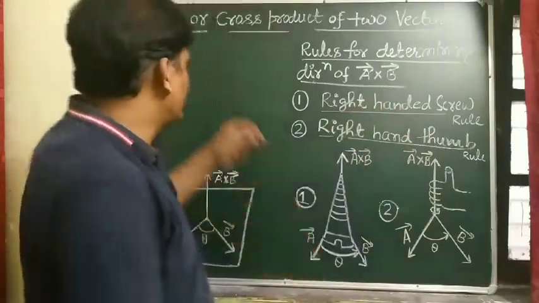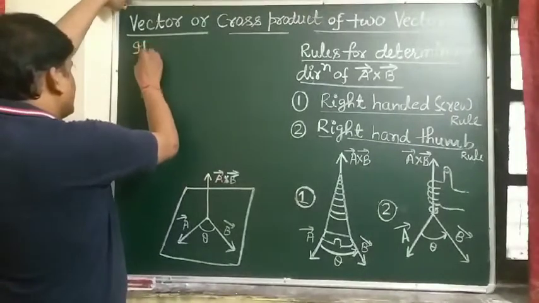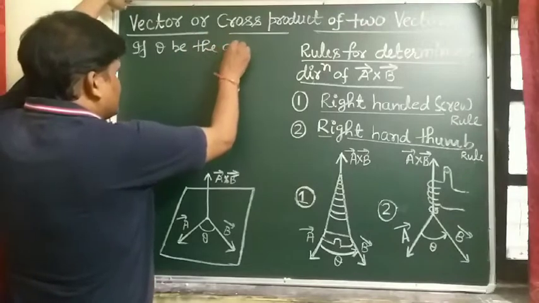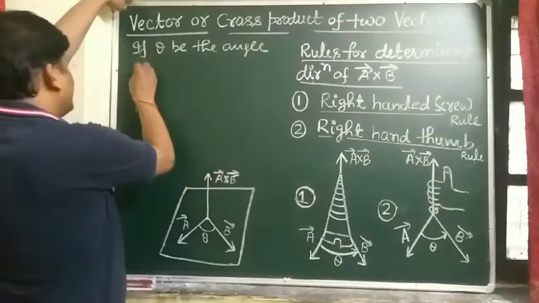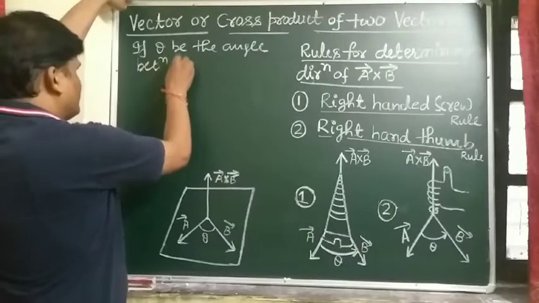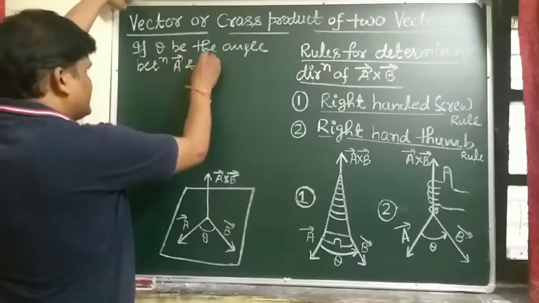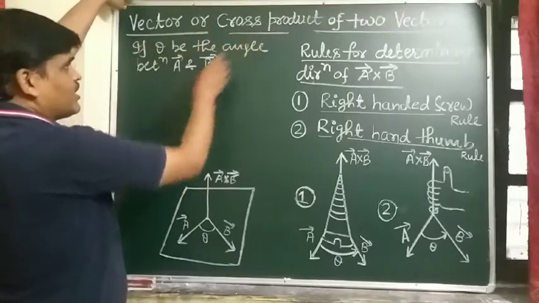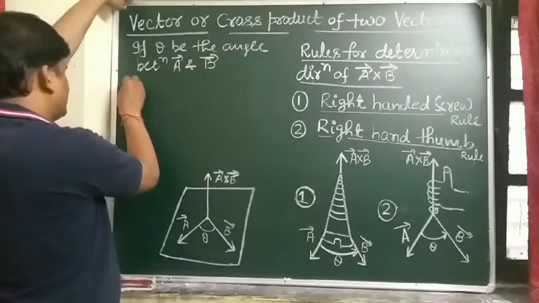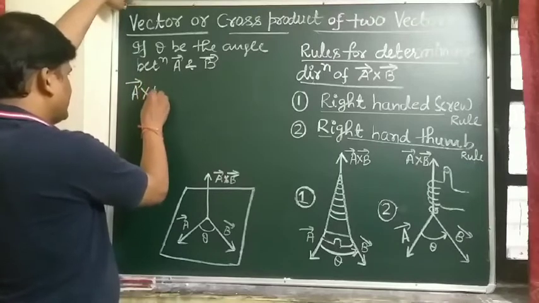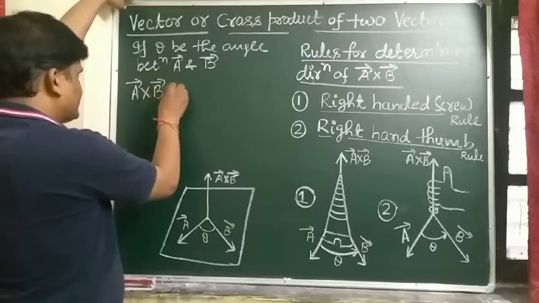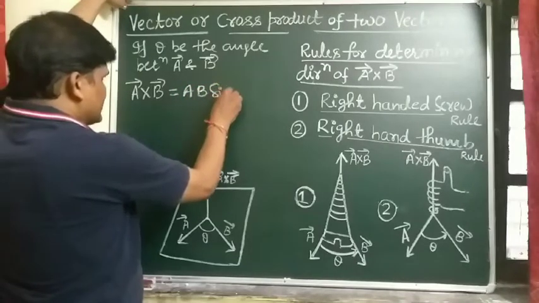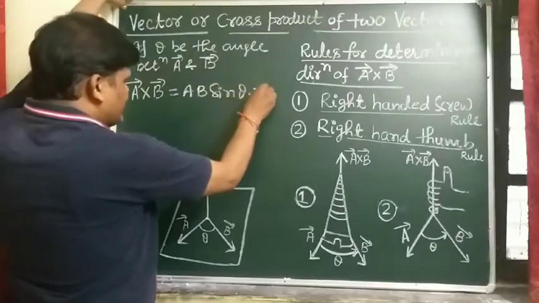So student, if theta is the angle between vector A and vector B, then the vector product or cross product of the two vectors can be written as vector A cross vector B, which is AB sin theta and unit vector n.